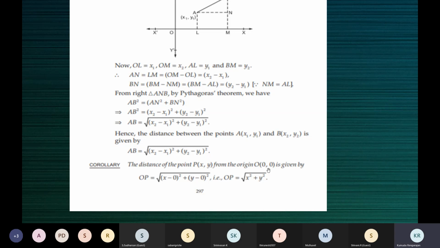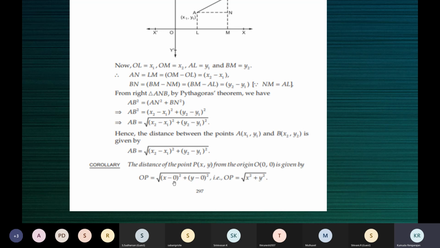Origin is given by the coordinates 0, 0, represented by the letter O. So how do we find the length of the line segment OP or PO? OP is equal to square root of, what are the x coordinates? x and 0.